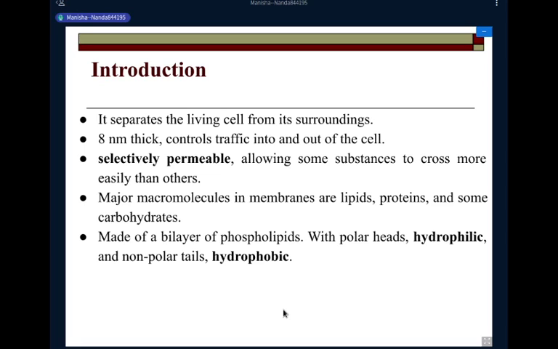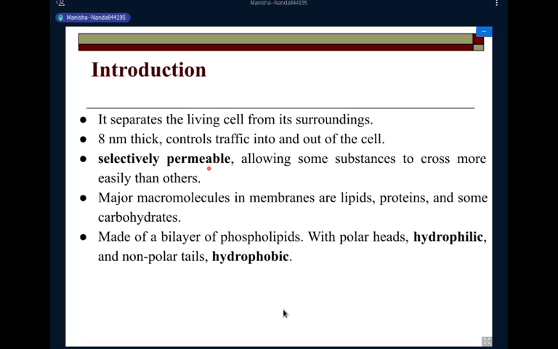So the plasma membrane allows the movement of molecules in and out of the cell, but it is highly selective. It is selectively permeable. Selective means it is very selective in what molecules can enter or exit the cell, and permeable means it is not rigid. So it is permeable but allows movement of very specific substances to cross it.